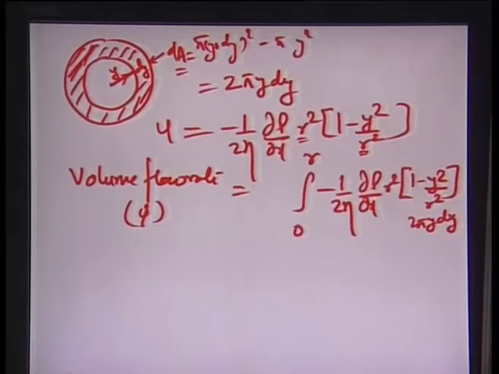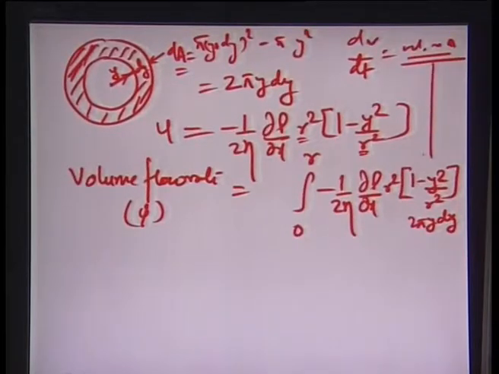As you also know, dV by dt, the volume flow rate, is nothing but the velocity times of area. That is exactly what this is about, and the integral takes place between 0 and r, which is the radius of the capillary.